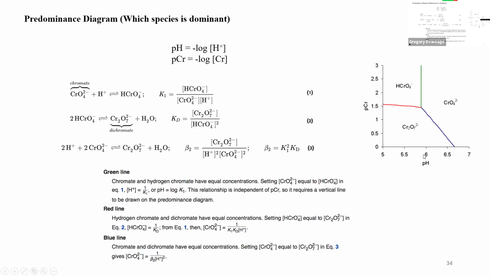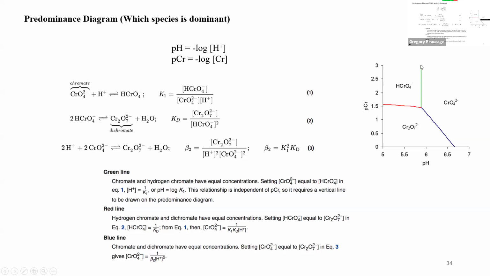You have that pH. That pH is 1 over K1. Of course, log of 1 over K1 would give you that number. And once you get to a higher pH, it makes chromate ion. And if you go to lower pH, you get hydrogen chromate. But there's still some chromate ion. It's just there's more hydrogen chromate than chromate ion.